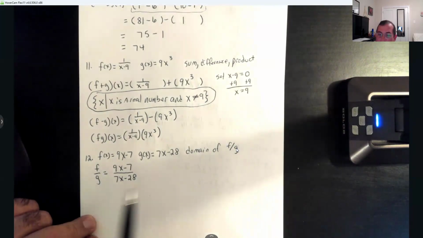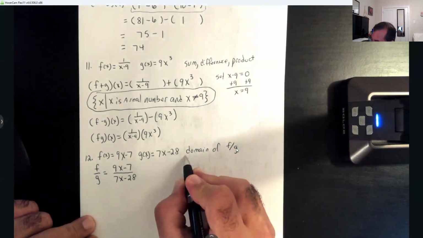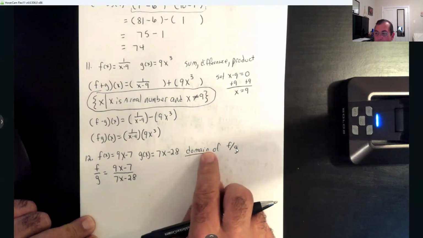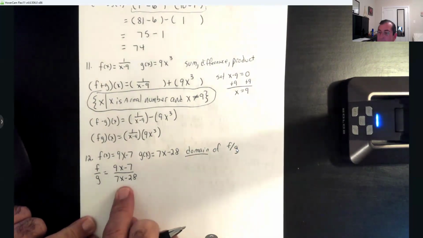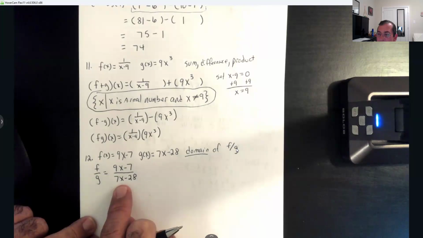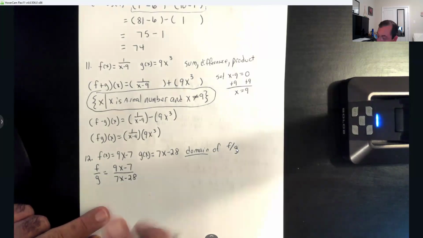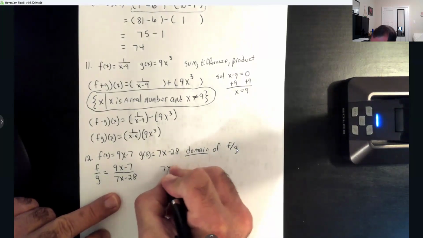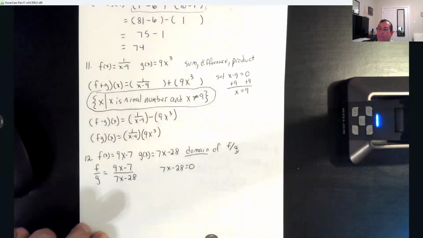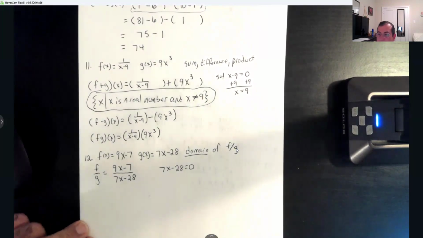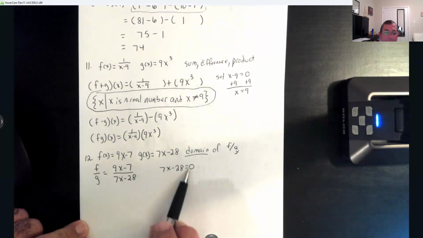Now, this is a domain problem. And the only part of this fraction that cannot equal 0 is that denominator. So guess what? I'm going to set the denominator equal to 0. And then we're going to solve this.